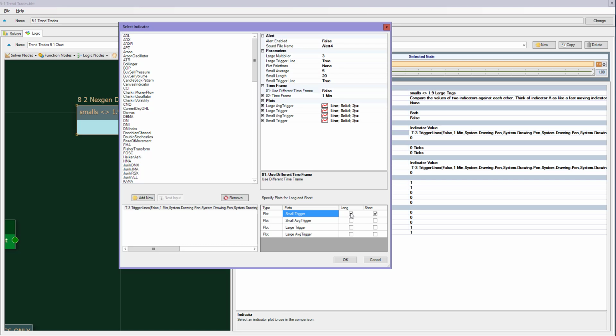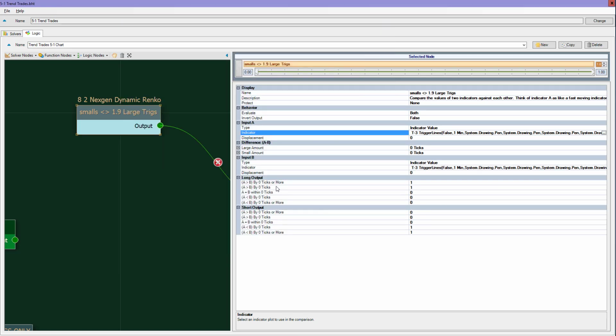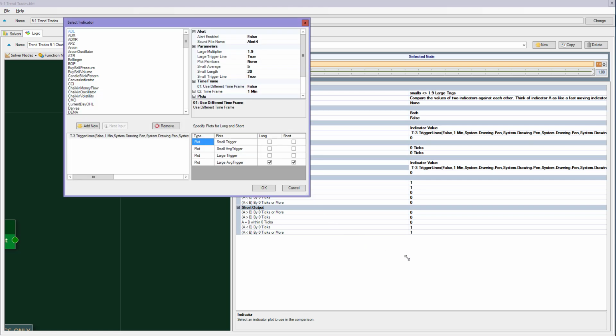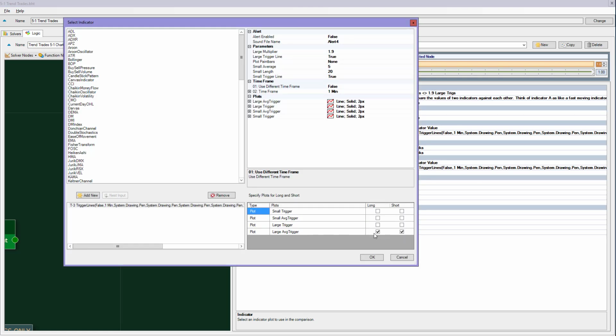Small triggers, which is the faster of the two moving averages, is either above or below the large triggers. The large trigger average is the slower of the two moving averages.